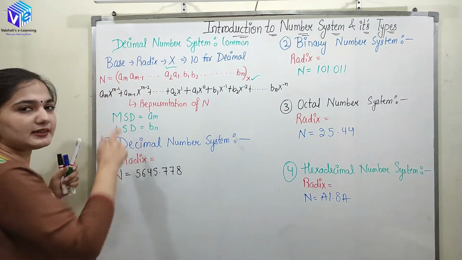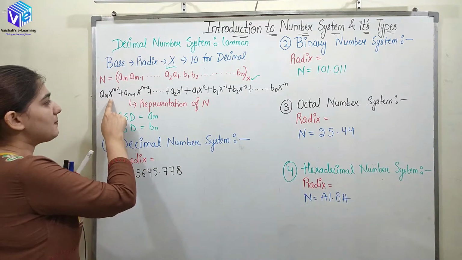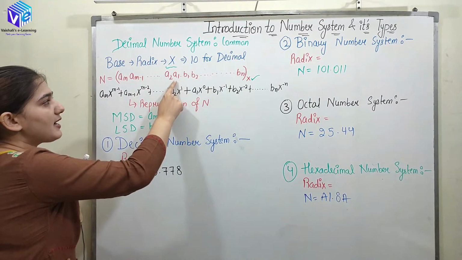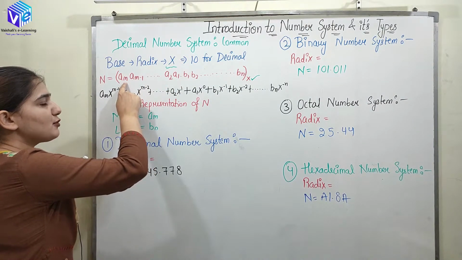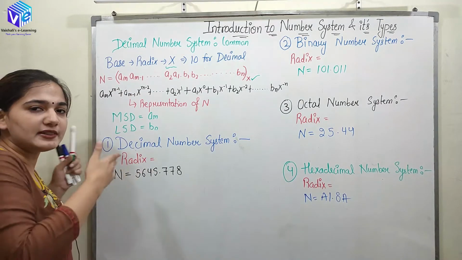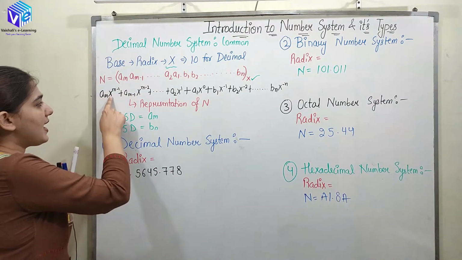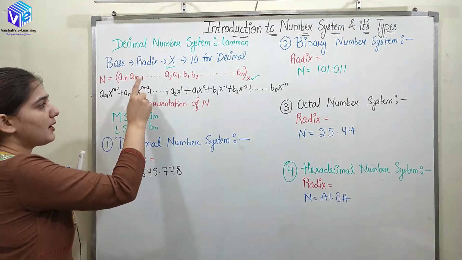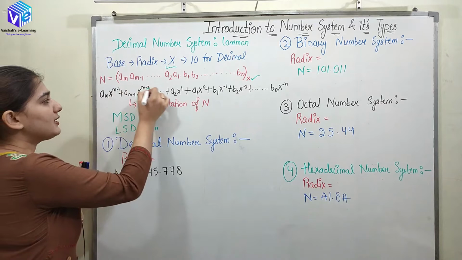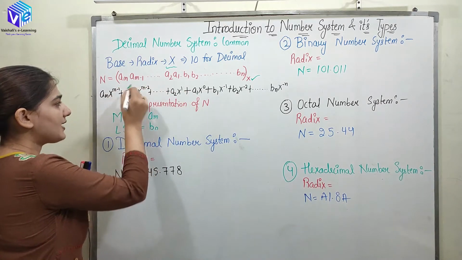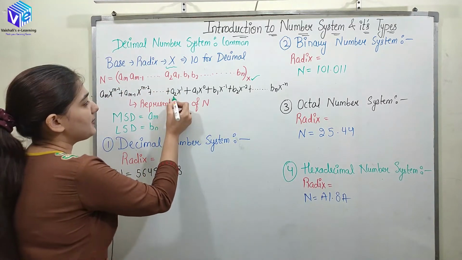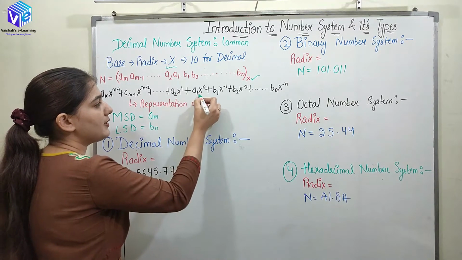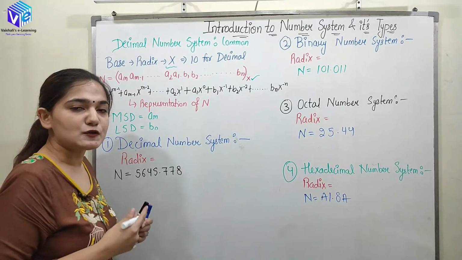I take the leftmost digit and multiply it with base raised to power m minus 1. I count how many digits we have, so m is the total number of digits on the left. So am times x raised to power m minus 1, plus a(m minus 1) times x raised to power m minus 2. I keep decreasing the power of x until I reach a2, which has x raised to power 1, and a1, which has x raised to power 0.